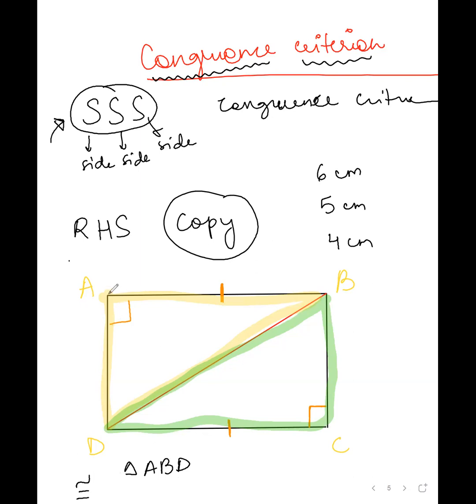Hiba, tell me which part of the green triangle is corresponding to A? Vertex A. C. Very good. So when you say ABD, then the first letter in the other triangle should be C.